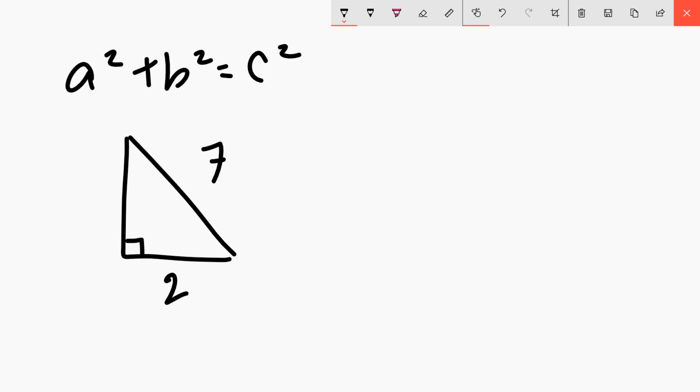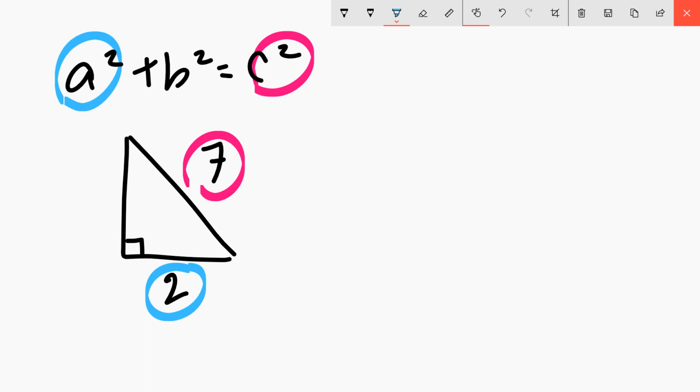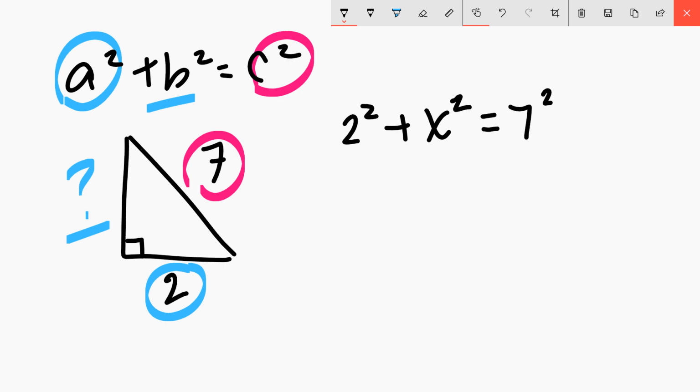That's a 7. Okay. I have my hypotenuse, but I don't have all my legs. Okay. So what you're going to do is take your 2 squared plus x squared that you don't know equals 7 squared. 2 squared is 4 plus x squared equals 49, because that's 7 squared.